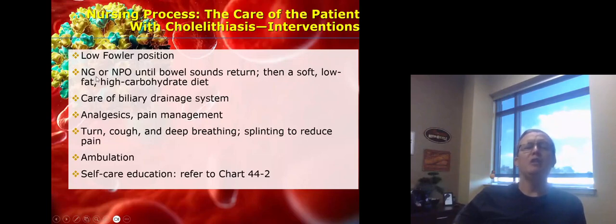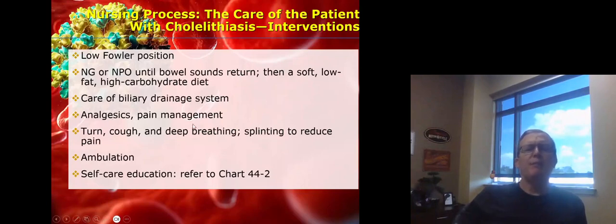They may or may not have an NG tube. So I have that note here. May not necessarily be there, but often they will, because we would like to know that despite the surgery and surgical intervention, things are moving through the gut and not accumulating in the stomach. And we certainly don't want these patients aspirating.